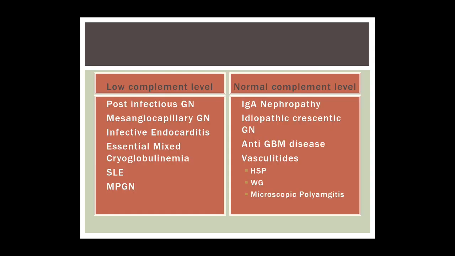Low complement level associated glomerulonephritis is usually post-infectious glomerulonephritis, mesangiocapillary glomerulonephritis, infective endocarditis, essential mixed cryoglobulinemia, and SLE MPGN. On the other hand, patients who have a normal complement level and still have glomerulonephritis can be seen in IgA nephropathy, idiopathic crescentic glomerulonephritis, anti-GBM disease, and vasculitides like Henoch-Schönlein purpura, Wegener's granulomatosis, and microscopic polyangiitis.